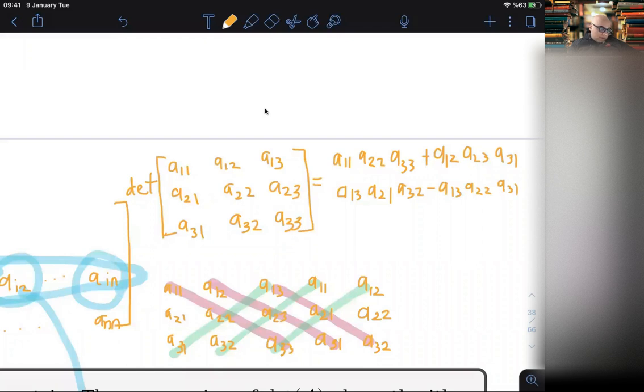And also for the other one, minus A11, A23, A32. And what is the last one? Minus A12, A21, A33. Okay.